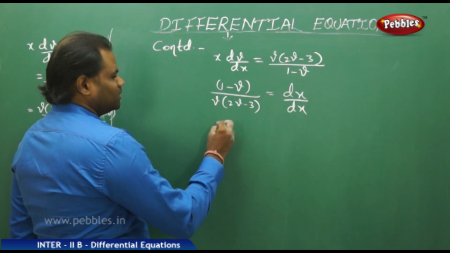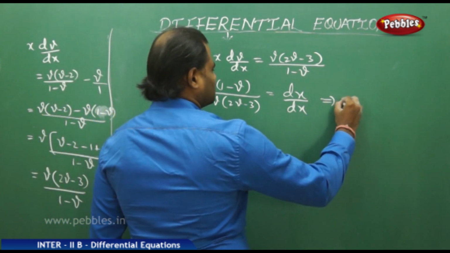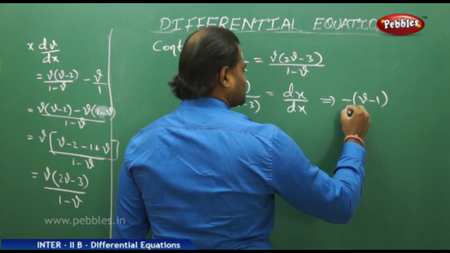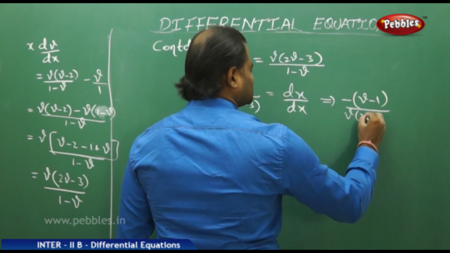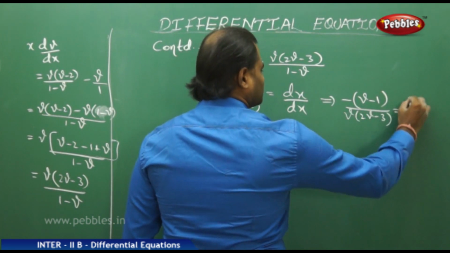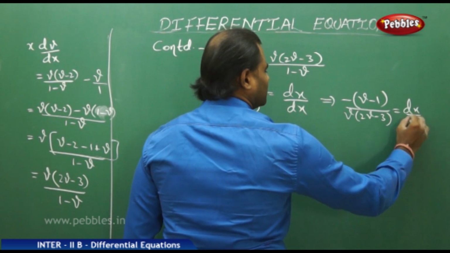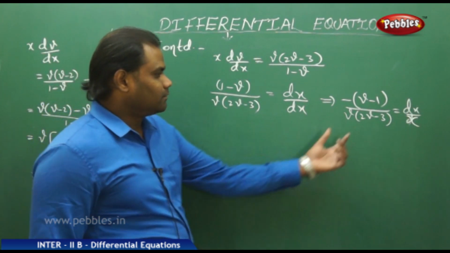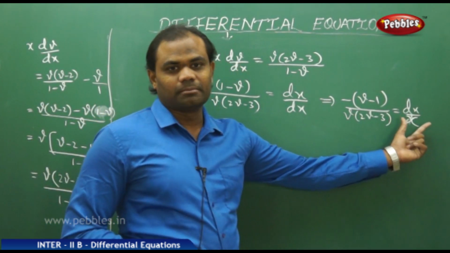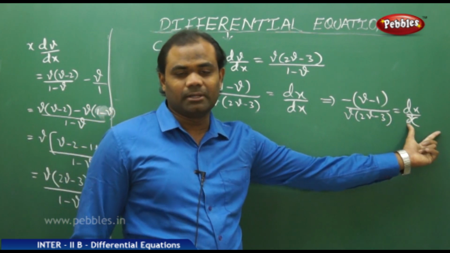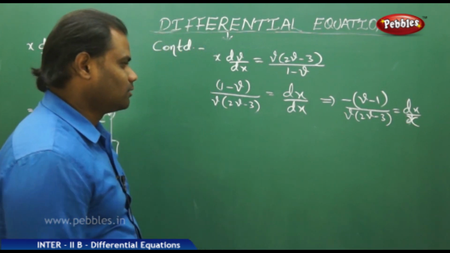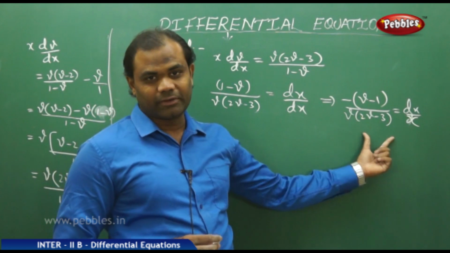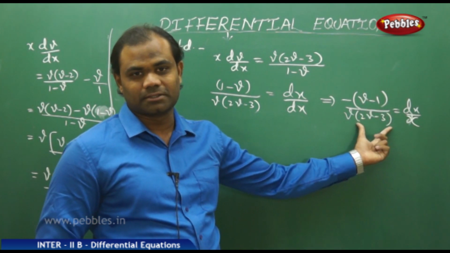So taking common here, I get this to be minus of v minus 1 by v times 2v minus 3 dv is dx by x. Now here we get this separated into variable v on the left hand side and variable x on the right hand side. Now this is clearly using the partial fractions through which we are going to split.